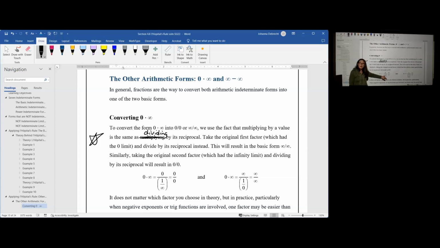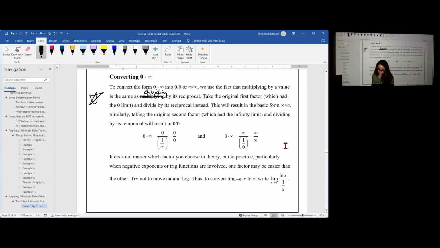However, if the numerator is fixed at 1 and the denominator is going to infinity, I know this will drive it to 0, which gives us the indeterminate basic form 0 over 0. So what we do is we take one of the factors, either the one giving us 0 or the one giving us infinity. We divide by its reciprocal. That creates a fraction and gives us one of the two basic forms.